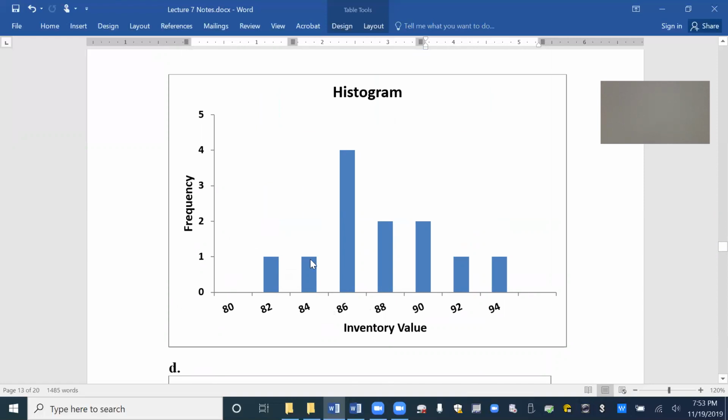There was 1 greater than or equal to 82, but less than 84. Okay, I read that wrong. There's 4 greater than or equal to 84, but less than 86. So in the spike here, it includes 80, but doesn't include 82.